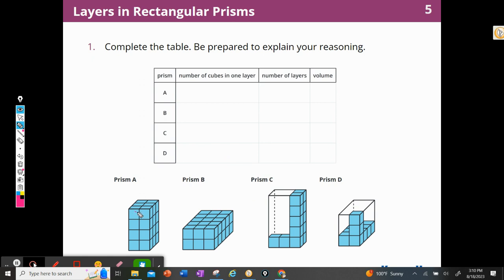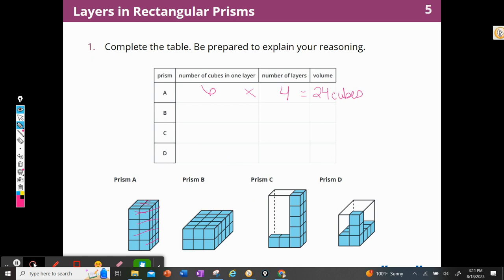So let's see, 2, 4, 6 in one layer, and the number of layers: 1, 2, 3, 4 layers. So that would mean I would have 4 groups of 6. If I just multiply those, I get a volume of 24 cubes.